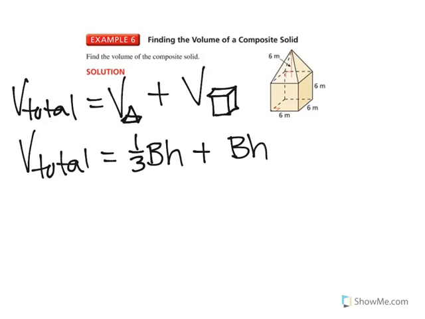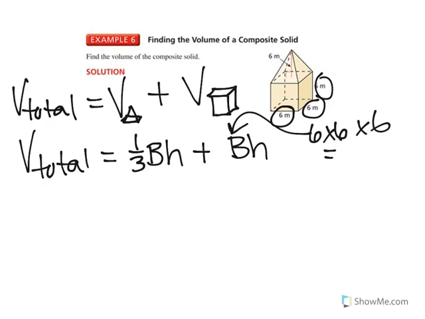This one should be pretty easy because you just take 6 times 6 times 6 for your volume of the prism. And then for your base area of your pyramid, I'm shading it in for you, it's parallel to the bottom of your prism, so you can actually use 6 and 6 for this base as well, and then the height of the pyramid is 6 again.